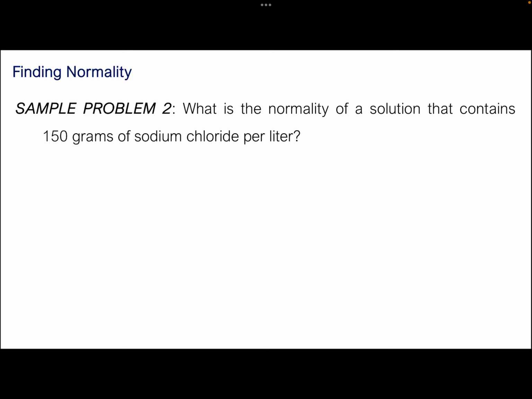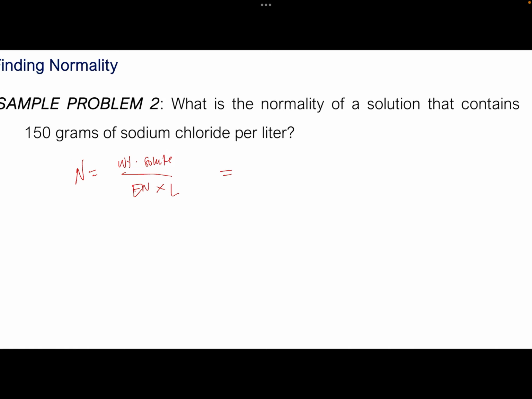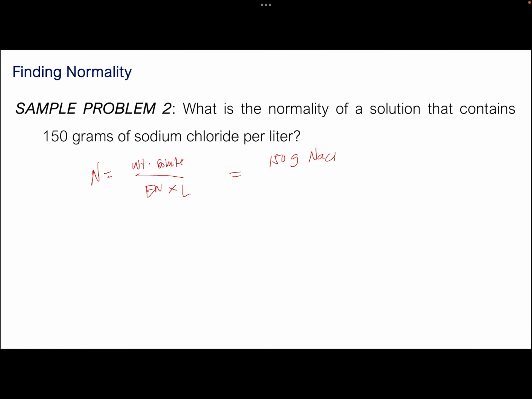For this one, we will use the second. N equals weight of solute divided by the EW times the volume of solution in liters. So normality equals 150 gram of NaCl, the weight of solute, divided by the EW. For sodium chloride, the molar mass is 58.